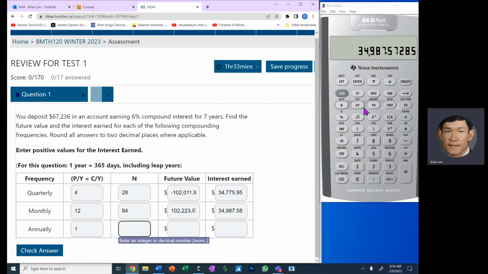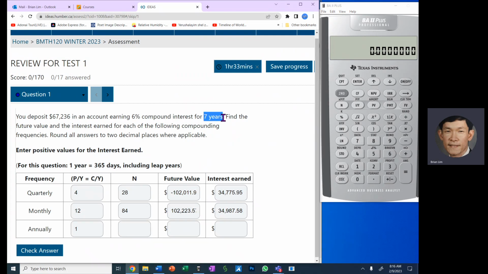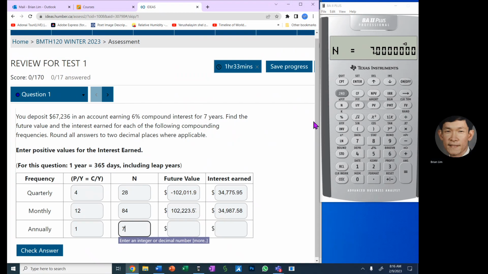Okay, so let's go now and go back into the PY and put in 1, enter. And that's the same value for CY, and we get out of there. And it's the same 7 years, so we put the 7 in there. It goes 7, second, N. So N would work out to be 7.